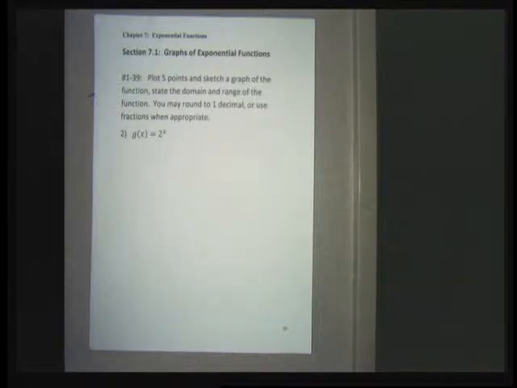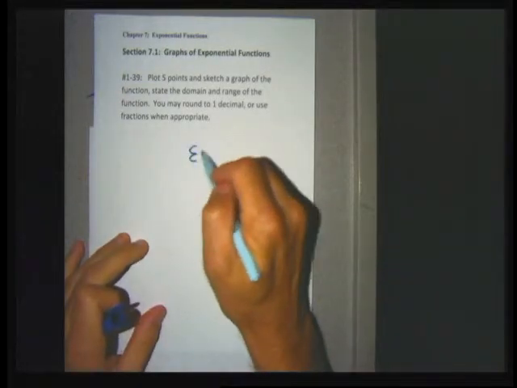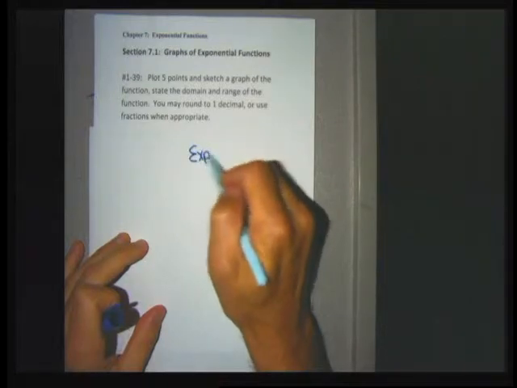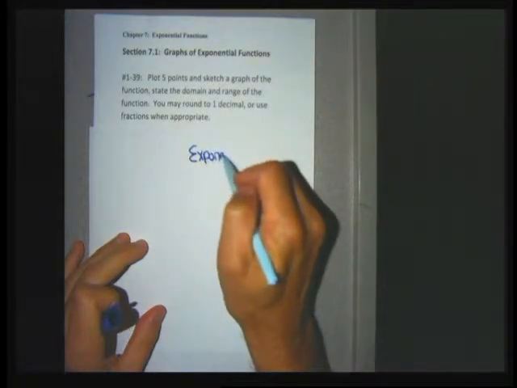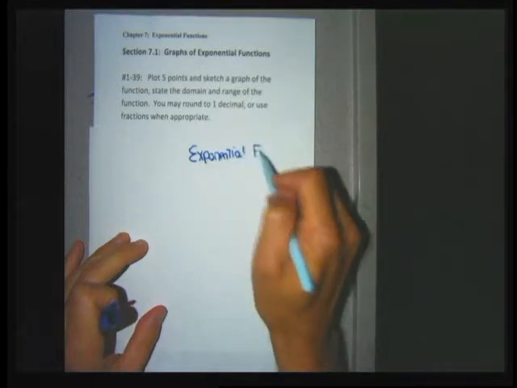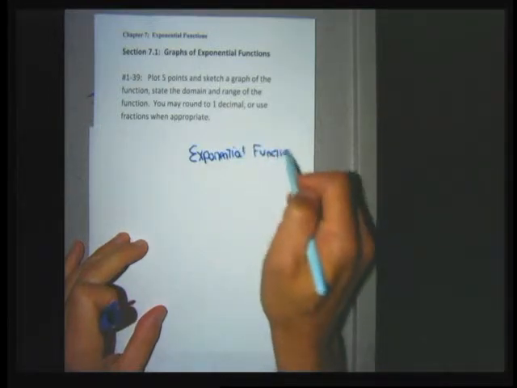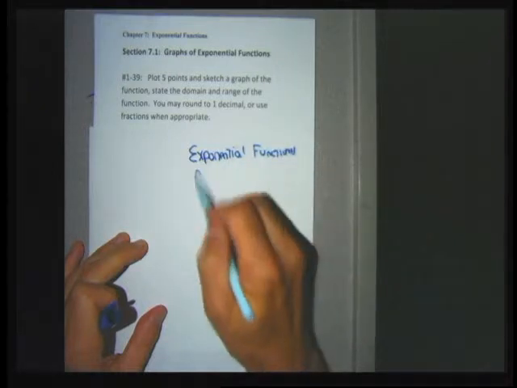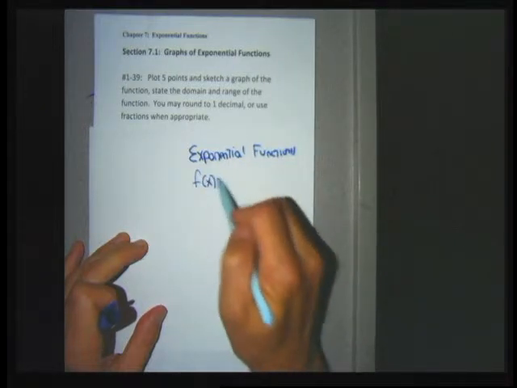The title to this section is Graph of an Exponential Function. And to be an exponential function, it implies the letter is part of the exponent. I'll just write some exponential functions.